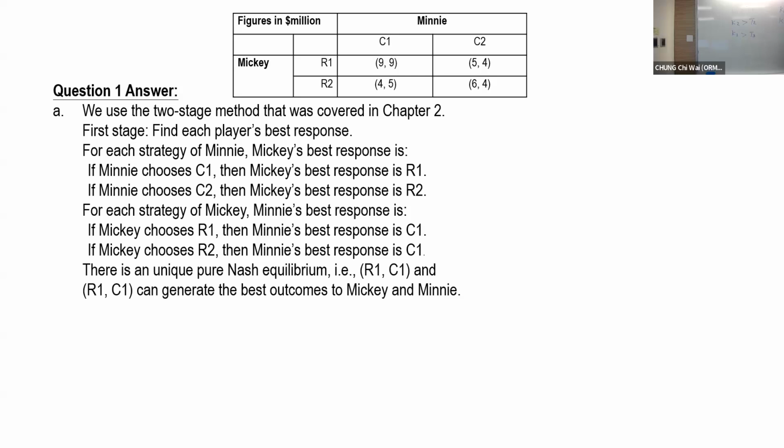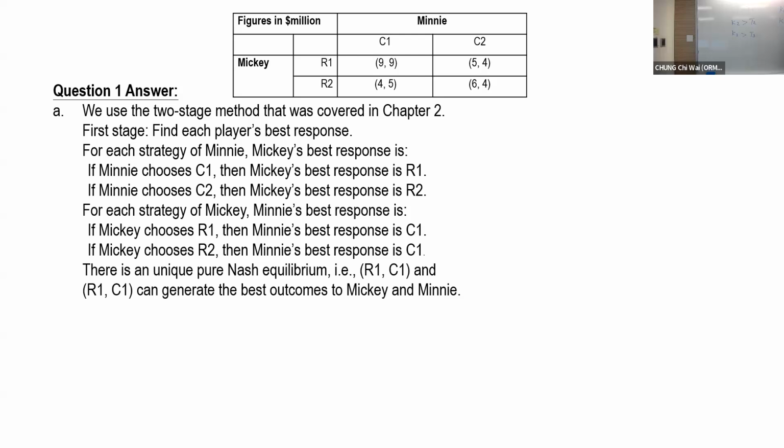Mickey can choose R1 or R2. If Mickey chooses R1, then Mickey gets 9 million. Choosing R2, Mickey will get 4 million. So the best response of Mickey is R1. If Minnie chooses C2, choosing R1 Mickey gets 5 million, and choosing R2 Mickey gets 6 million.